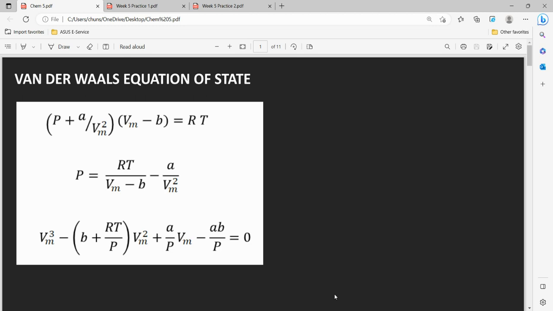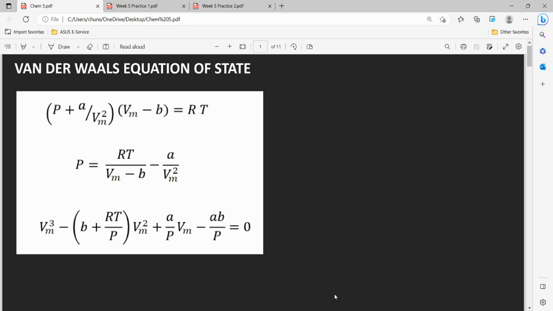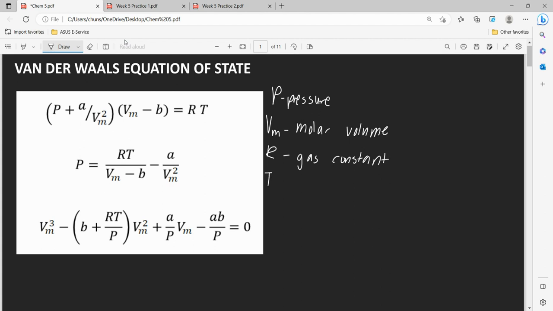So the first equation that you're going to see here was developed by a scientist whose first name I do not know, but his last name was van der Waals, and he created an equation used to describe real gases, where our P is our pressure of our gas, our Vm is our molar volume, we have our R as our gas constant, our temperature in Kelvin, and we have two new components to add, new variables.